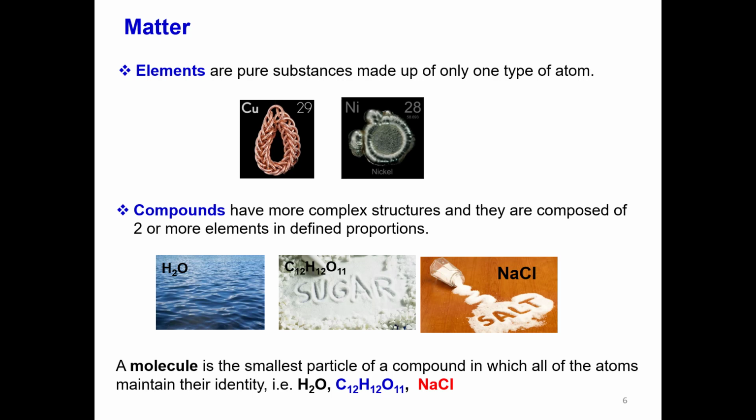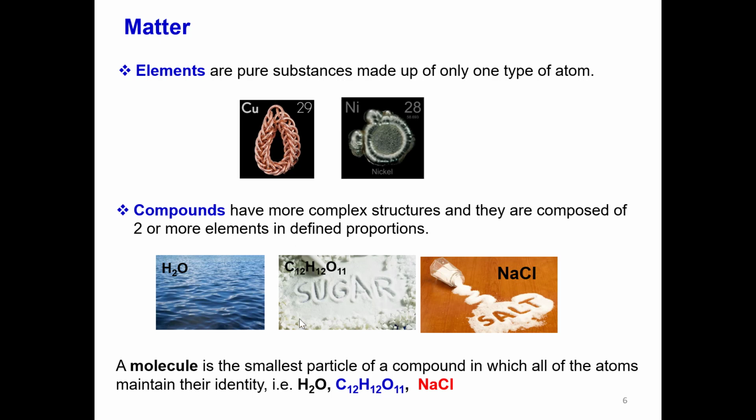Compounds have a more complex structure, and they can be composed of two or more elements in defined proportions. For example, water has 2 hydrogens and 1 oxygen. Salt, which is sodium chloride, is 1 to 1, 1 sodium and 1 chloride.